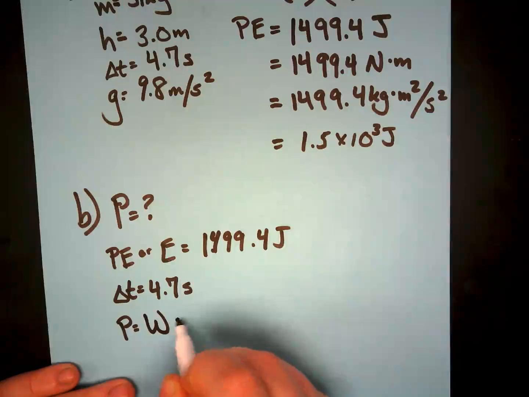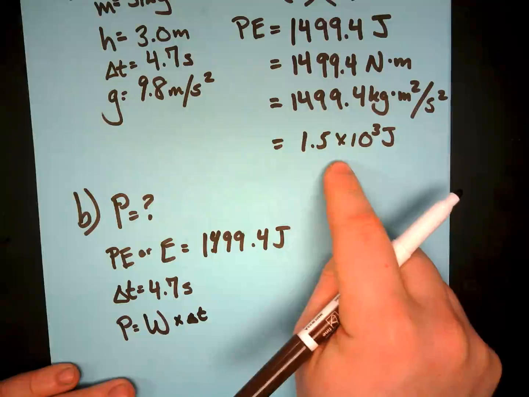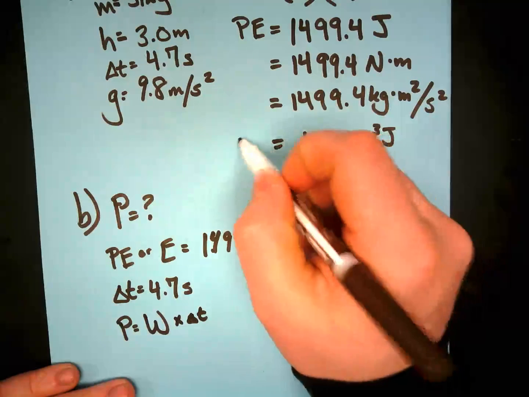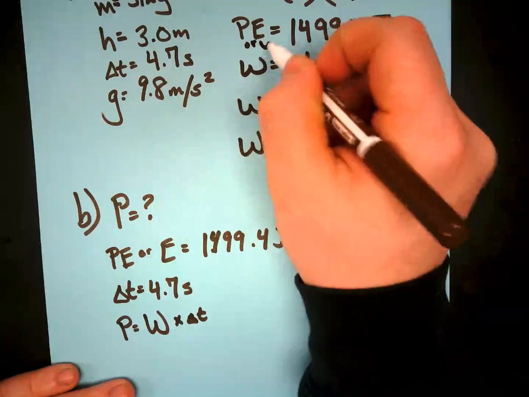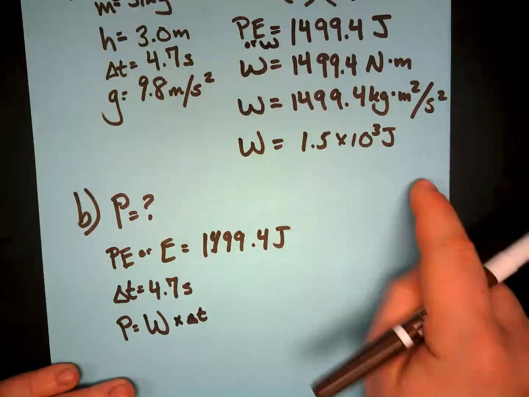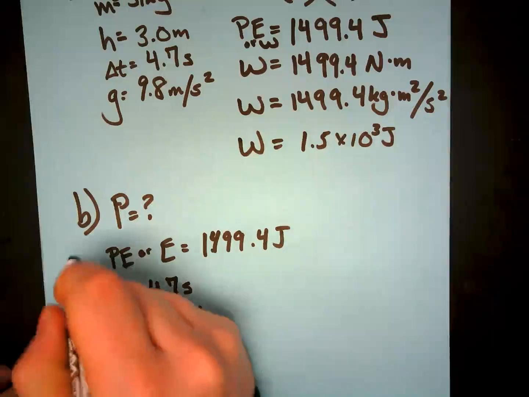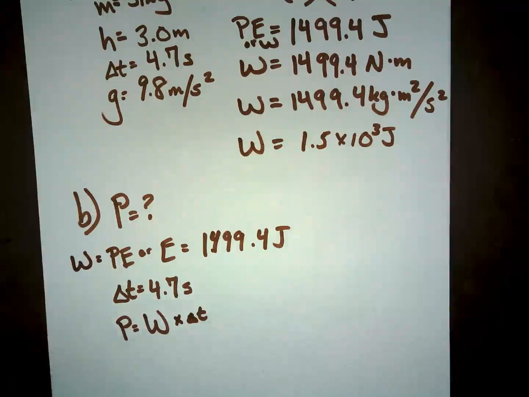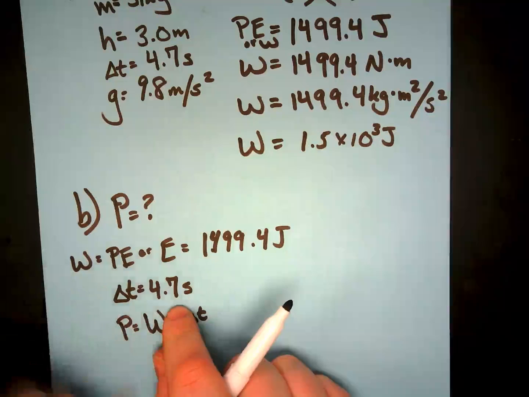This up here is our work, so we really could put W for this. So the amount of work that was put into the system was 1,499.4 joules, and they were able to produce that in 4.7 seconds.